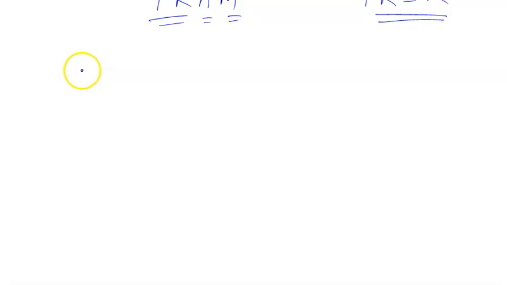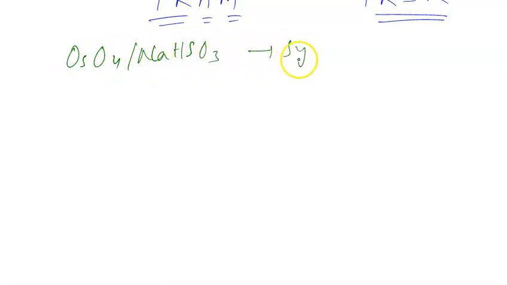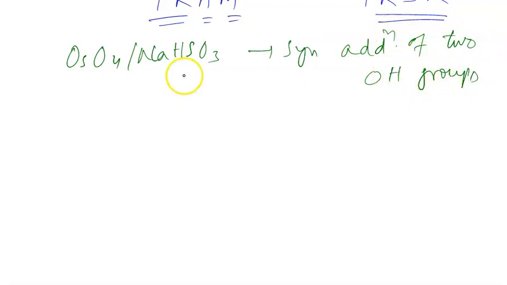Now let us take a few examples. Osmium tetroxide, some reagent osmium tetroxide in the presence of sodium bisulfite always gives syn addition of two OH groups. That means when you are seeing an alkene and you are seeing this reagent, you can easily know that two OH groups will be added to the multiple bonded carbon atoms.